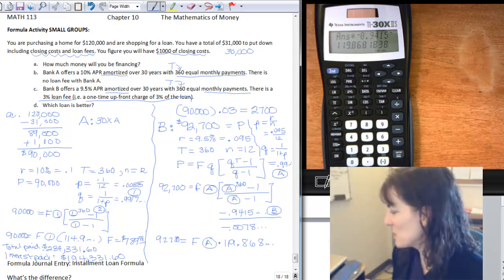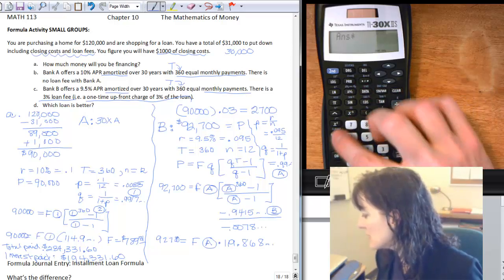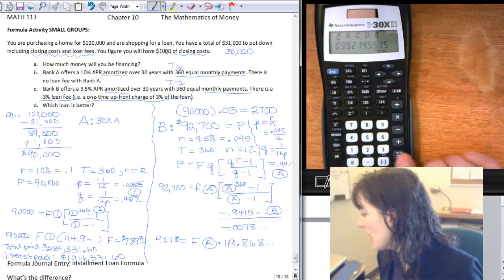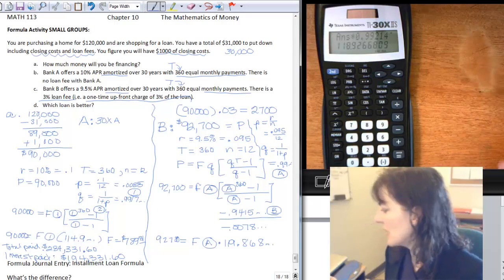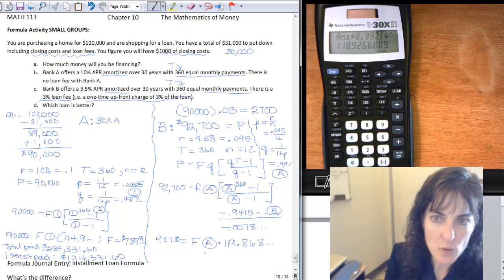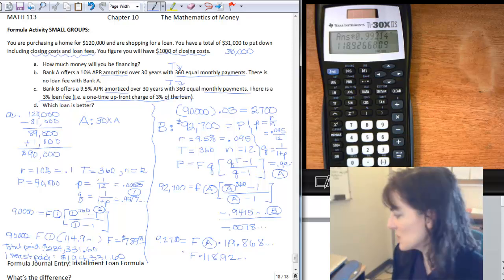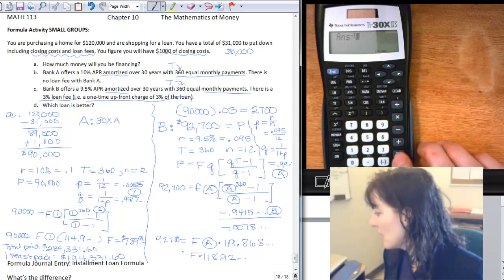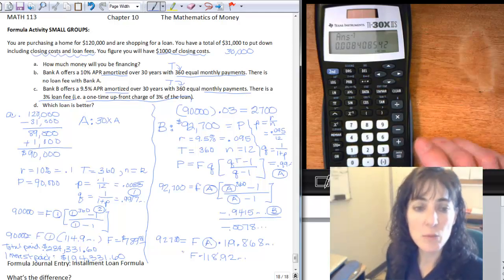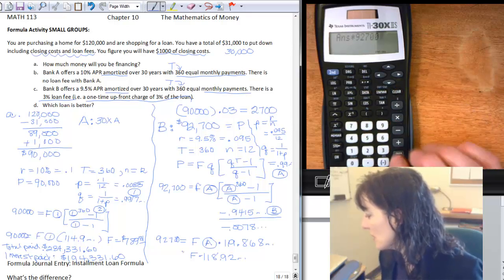I still have to multiply by what's in A, so times, recall A, push enter again, and I have 118.92, it goes on, times the F. Remember, I need that inverse now, so I'll do the inverse, equals, and then multiply by the 92,700.